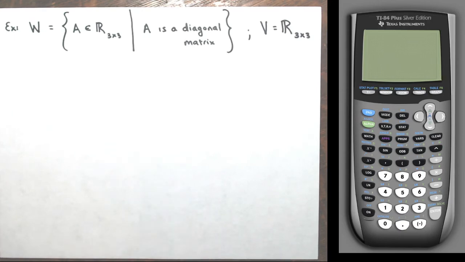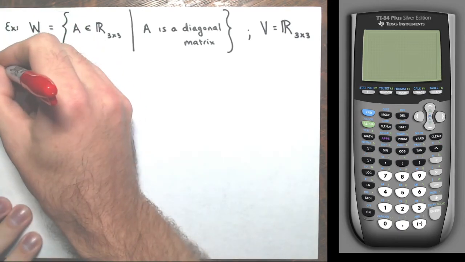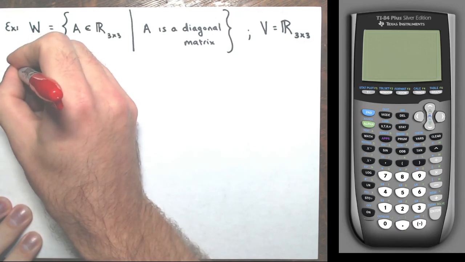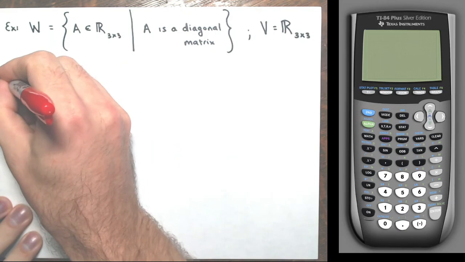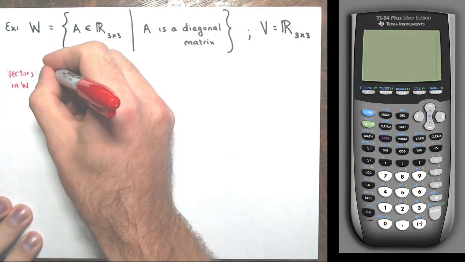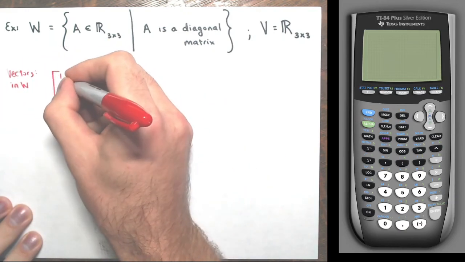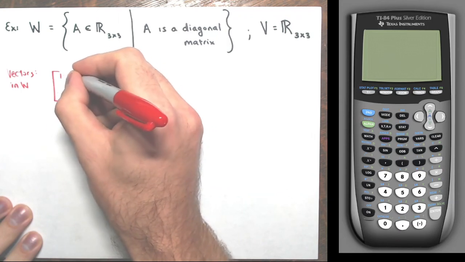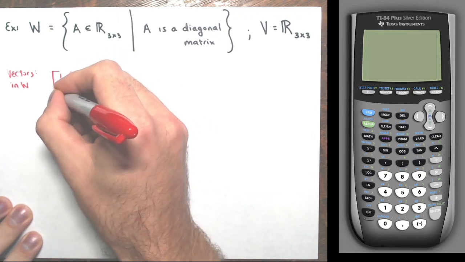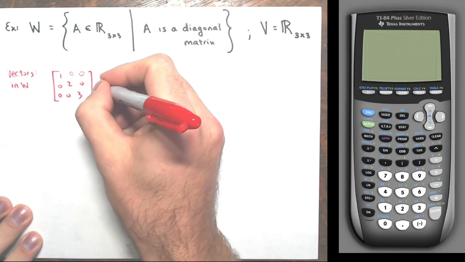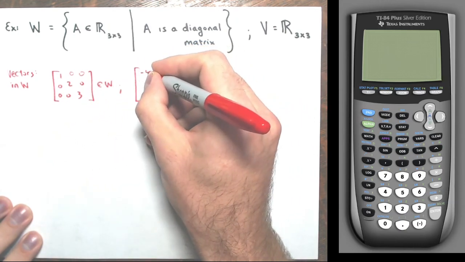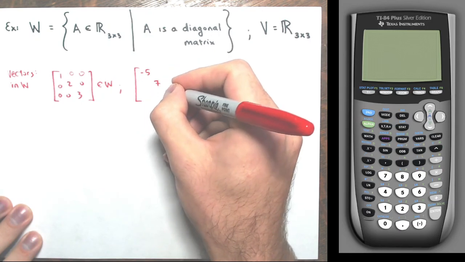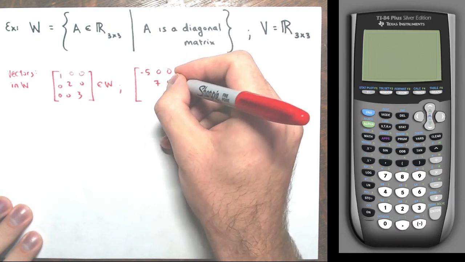All right, so let me give you some examples of vectors in W. This one I can actually think of, it's not as hard as the last one. Here are some vectors in W: 1, 2, 3 down the main diagonal, and 0 everywhere else. That belongs to W. Negative 5, 7, 1, and then 0 everywhere else.